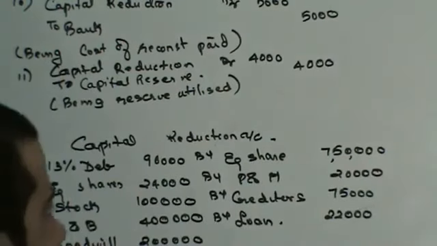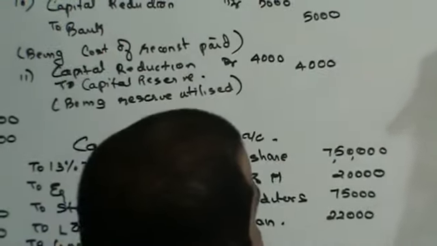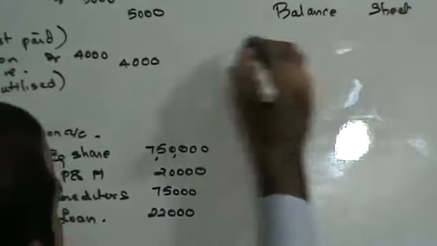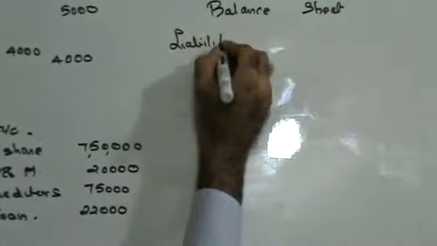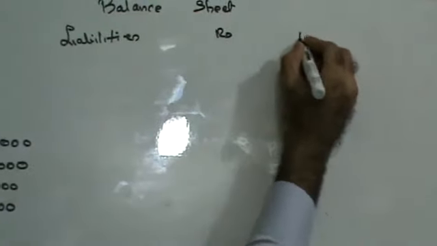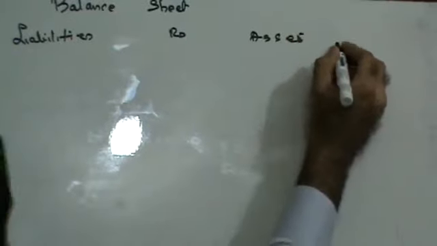Right? Let's make a balance sheet for this. Liabilities, rupees, assets, rupees. Right? Now, let's see this. You have to look at the previous balance sheet and then complete the new balance sheet. Fine. Let's see the old balance sheet first. Now, let's see this.